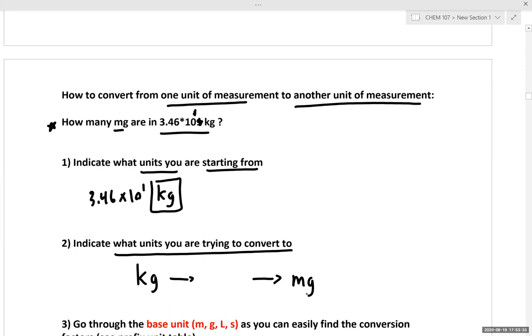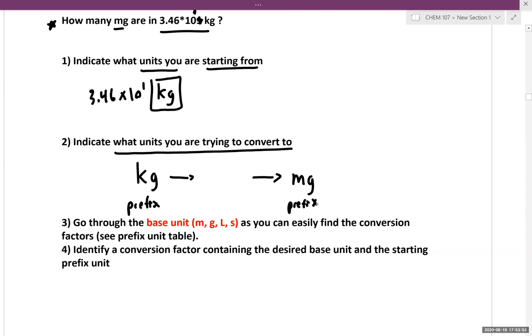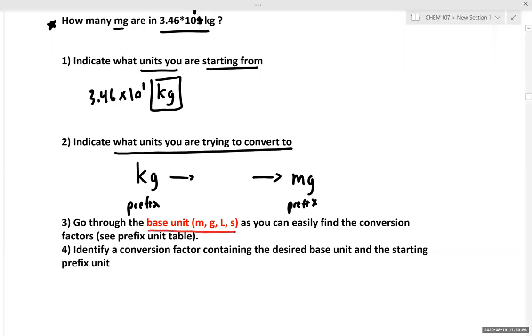Now, I don't like going directly from prefix to prefix. That often creates problems. Instead, we're going to go through the base unit.